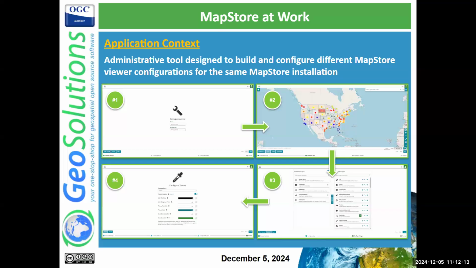Thanks to a really powerful wizard, it is possible to go through different guided steps aimed at creating map viewers in all their parts, starting from the name of the context that is included in the final context URL, to the map configuration by adding basic geospatial mapping contents for the context, to final steps where it is possible to configure the set of tools to be included in the context and its theme.